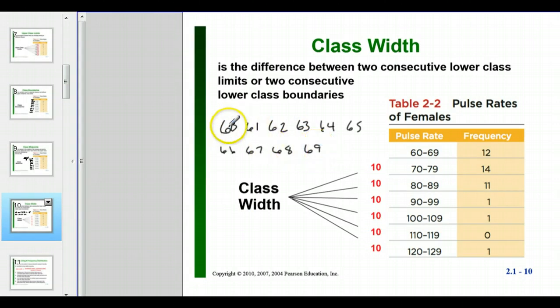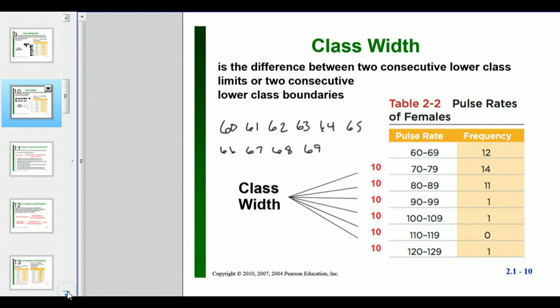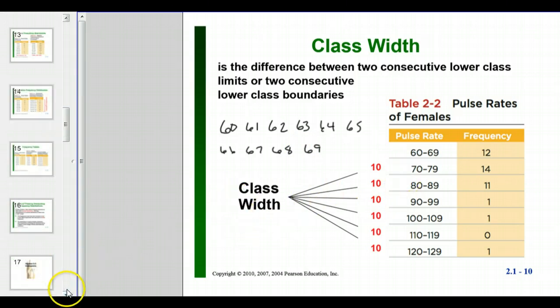And if I count 1, 2, 3, 4, 5, 6, 7, 8, 9, 10 values that can be in each class. Okay, so several different ways to count it, obviously, but that's the actual idea of what's going on. How many values can you take on within each class? Or, just the easy way to compute it, just the differences between the limits.